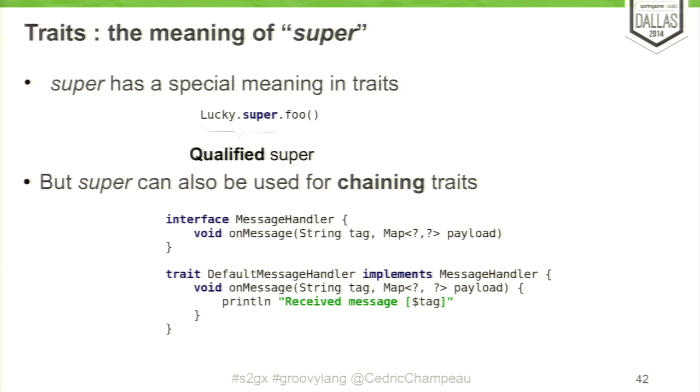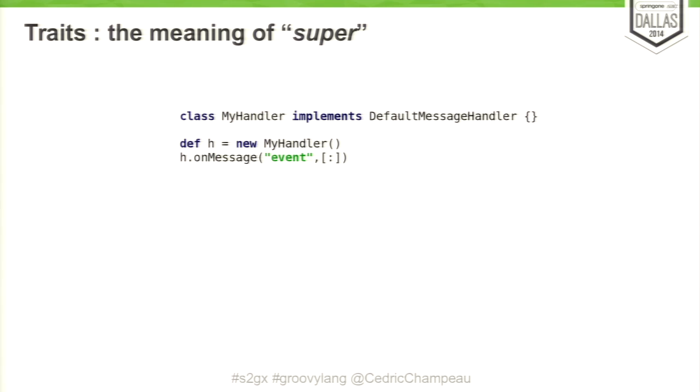So imagine that you have an interface, which is a message handler. Could be a trait with no methods, whatever. And then you define a trait, default message handler defining onMessage. And that says print line, I received the message. This is very basic logging. And it's a trait. Important, it's a trait.